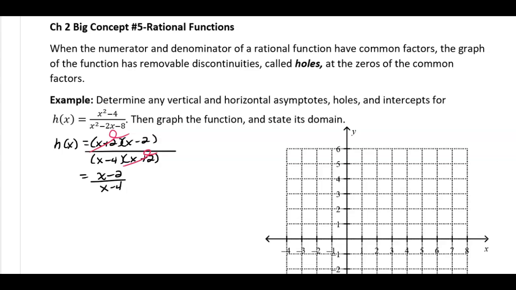So this tells us we cannot have anything at -2 and +4 because of the vertical asymptotes. So I'll go down here real quick. 2 vertical asymptotes at x equals 4 and x equals -2.